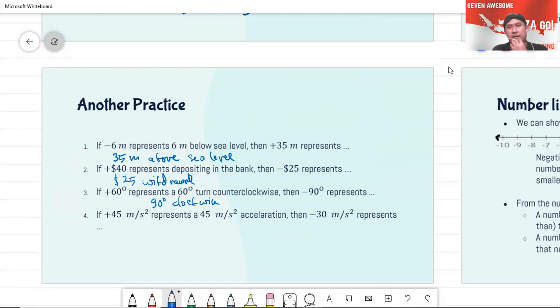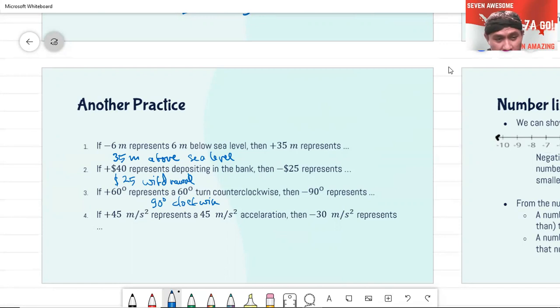Usually in science and mathematics, counterclockwise is positive, and clockwise is negative motion.